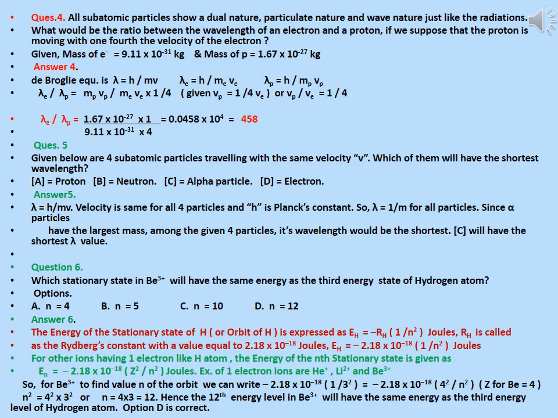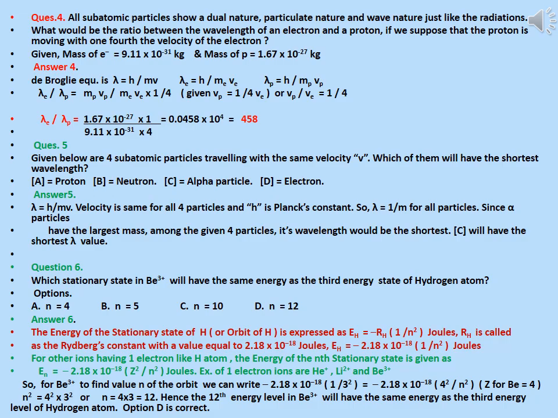We need to arrive at the correct answer. For this, we have to know the energy of the stationary state of hydrogen, or the energy of the orbit of hydrogen. It is given as EH is equal to minus RH into 1 by n square joules. That's the energy of the electron in a stationary state in hydrogen atom. Now, what is RH?